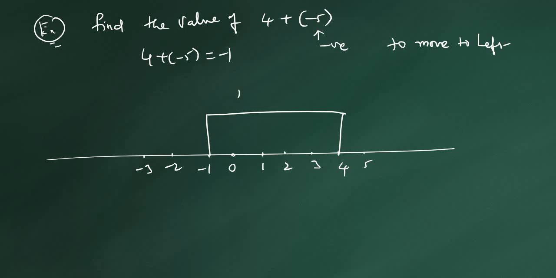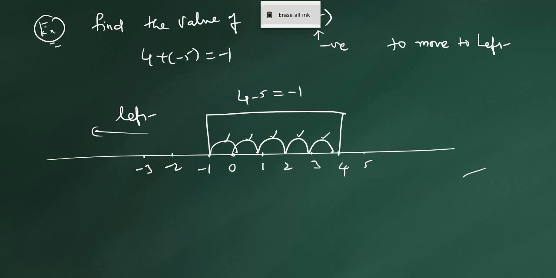The operation is 4 minus 5 is equal to minus 1. So you should move left on the number line. How many points? 1, 2, 3, 4, 5. So this is the representation of the value of 4 plus minus 5 in this problem.